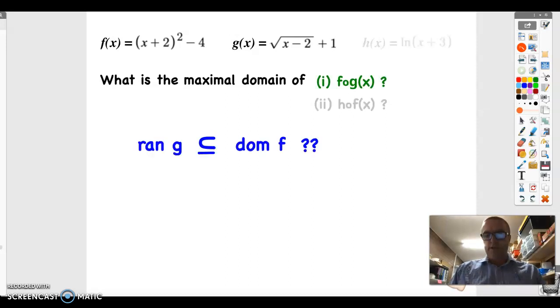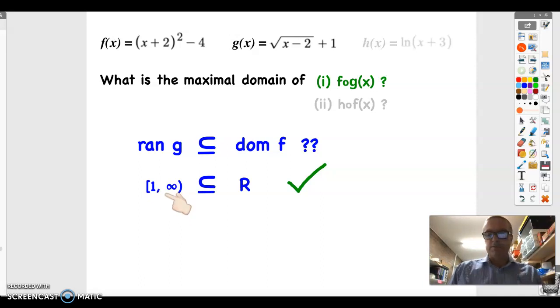So with f of g, we're thinking about the maximal domain. We need to consider whether or not the range of g is a subset of the domain of f. So when we look at those two sets, the range of g, which is the square root function, is all the numbers from 1 above.